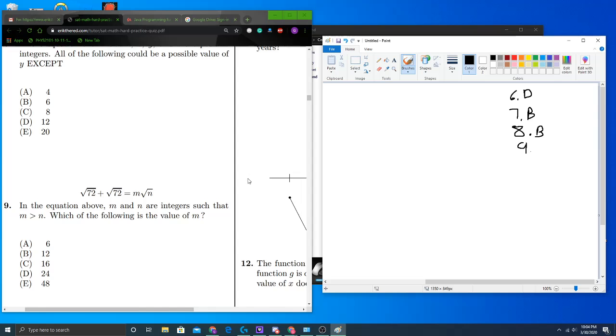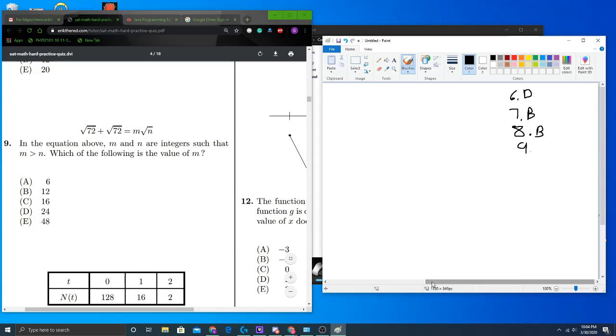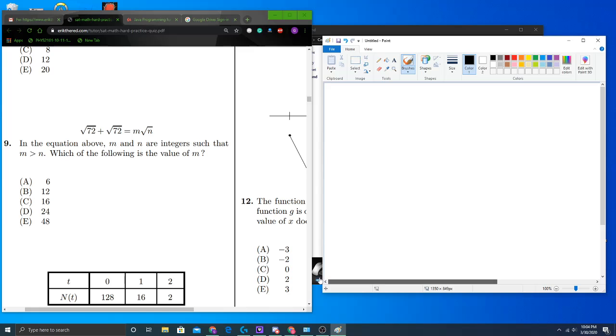Question 9. In the equation above, m and n are integers such that m is greater than n. Which of the following is the value of m? Basically, we're adding two of the same radicals together. So what square can we get in here that we could square root out?